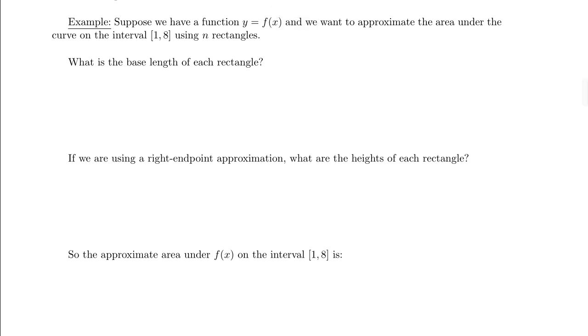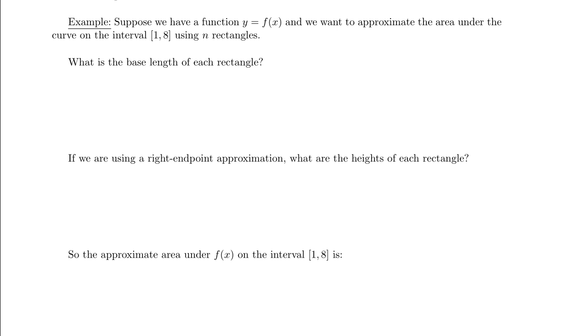So the first example we have here, suppose we have a function f of x, and we want to approximate the area under the curve on the interval 1 to 8. And we're going to do this using an arbitrary number of rectangles, so we'll say n rectangles. So the first question is, what is the base length of each rectangle?